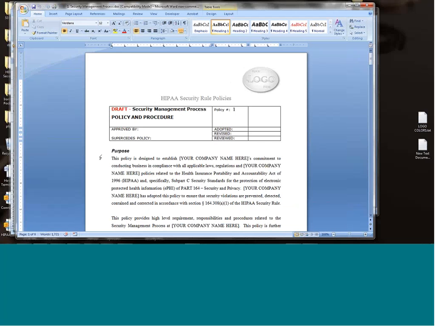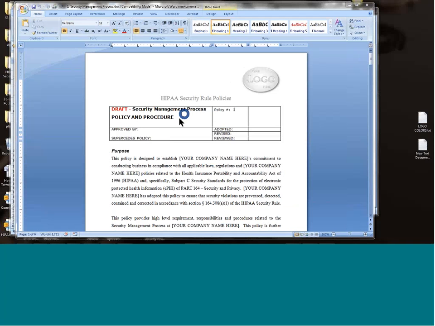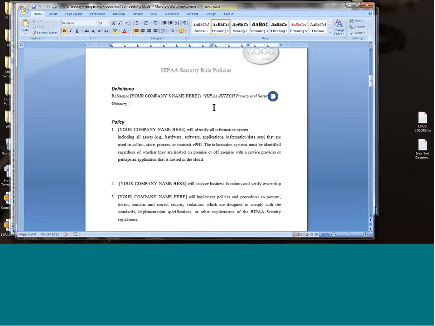Each one of our policies and procedures is structured in a way that includes a section on the purpose of the policy and procedure. It includes definitions. We have 200 plus different terms and phrases that are relevant to understanding HIPAA privacy and security.